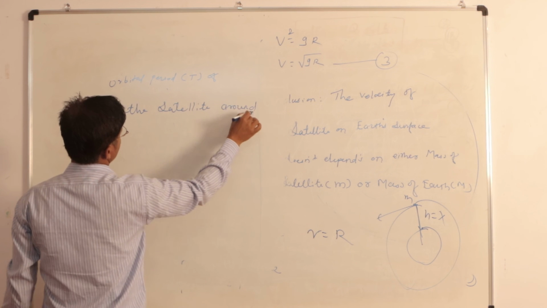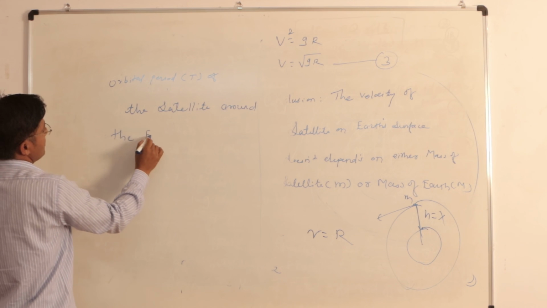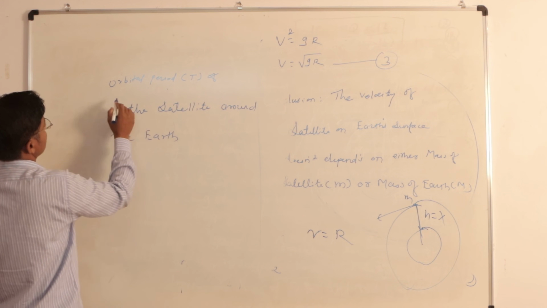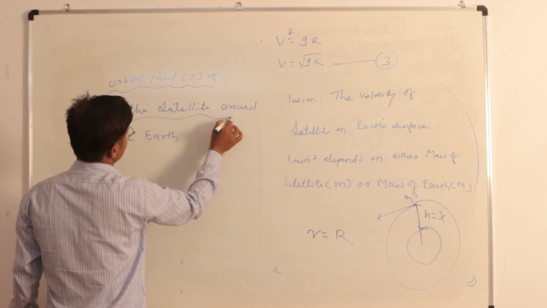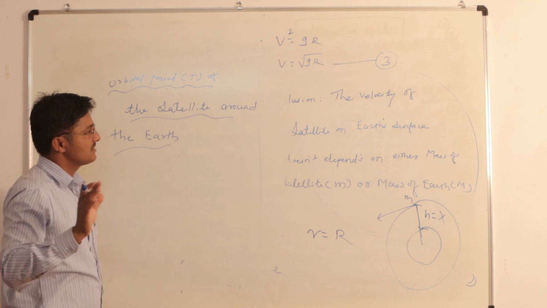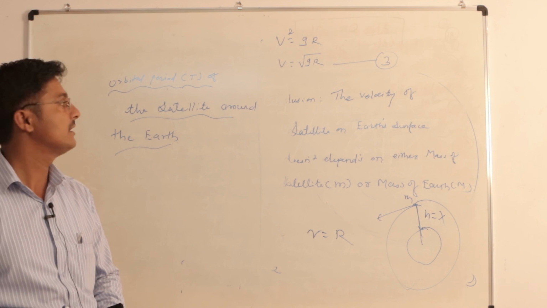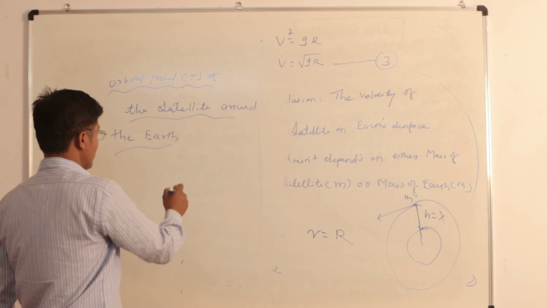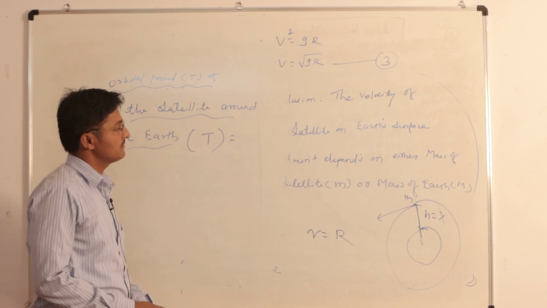So this will be the point of discussion in the next lecture. So just to write down this headline. So orbital period means how many hours, what is the time required for satellite for revolution around the earth. So that orbital period capital T we will calculate in the next lecture.